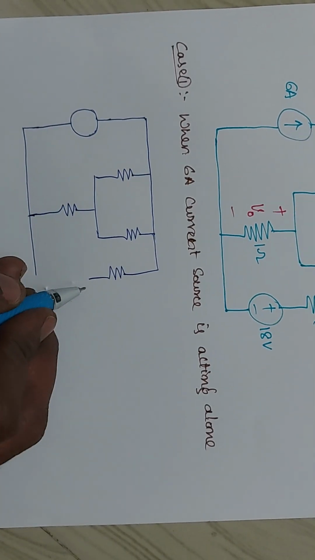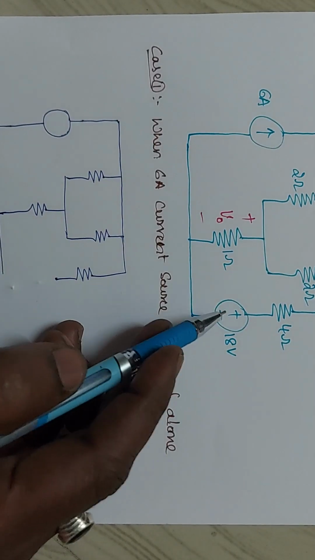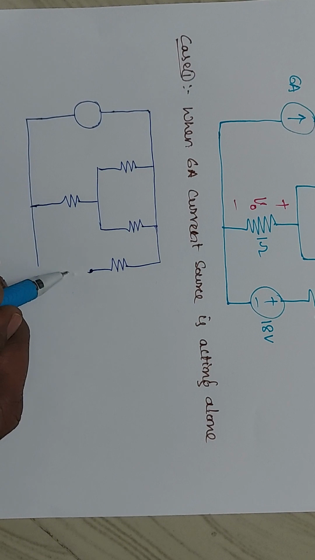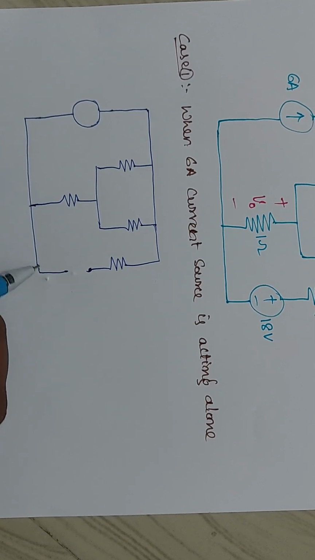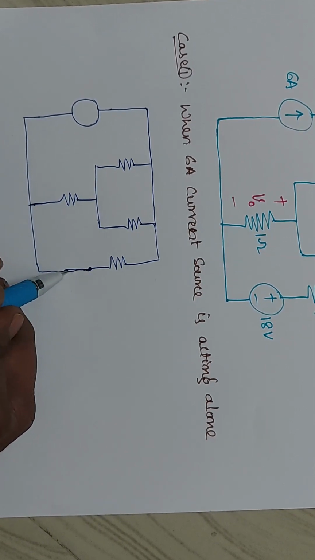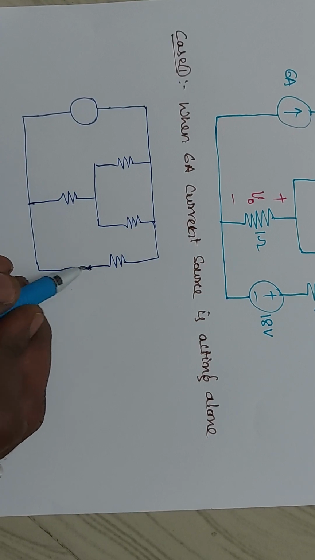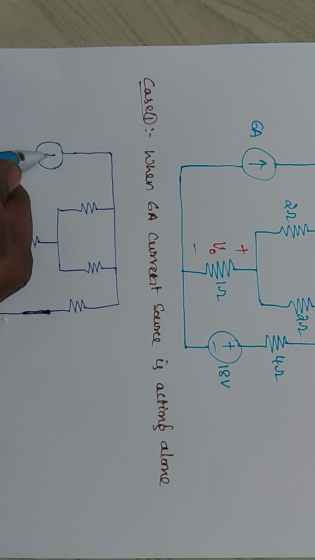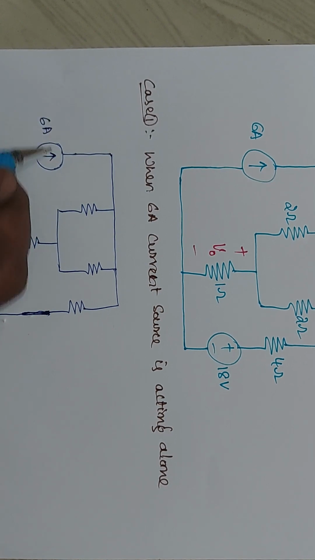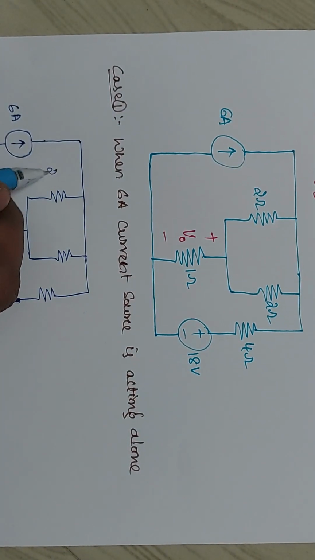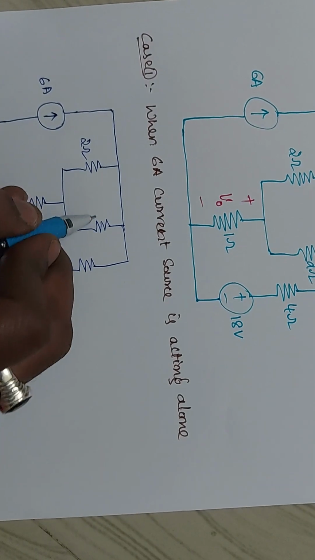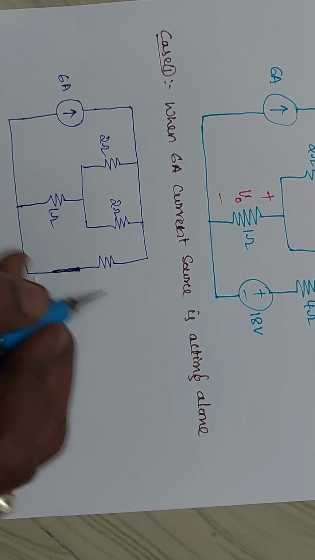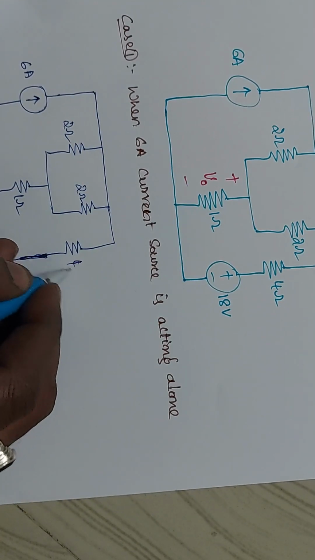Here this is a voltage source. This voltage source I am replacing with a short circuit. That is the way. Now the remaining elements I am representing: 6 amperes, this 2 ohms, here it is 2 ohms, this is 1 ohm, and this is 4 ohms.